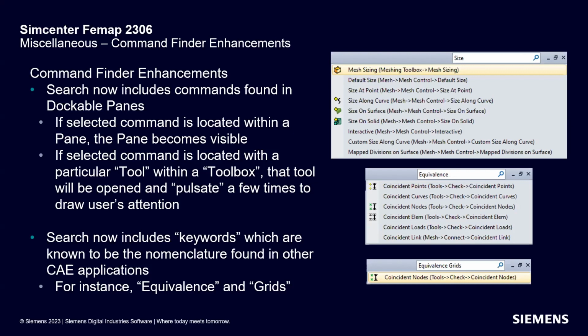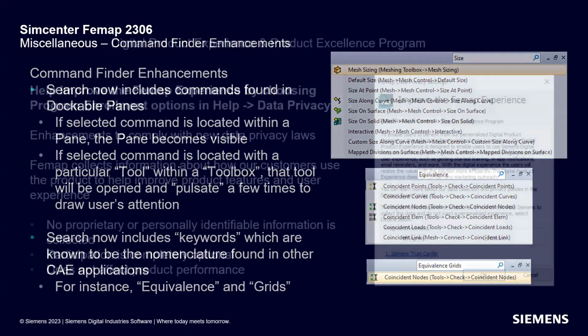So if you were to put something like equivalence grids into Femap now, that would take you directly to the tools check coincident nodes command. So again, we're just going to keep adding to those keywords as we move forward. So again, that's just the command finder.